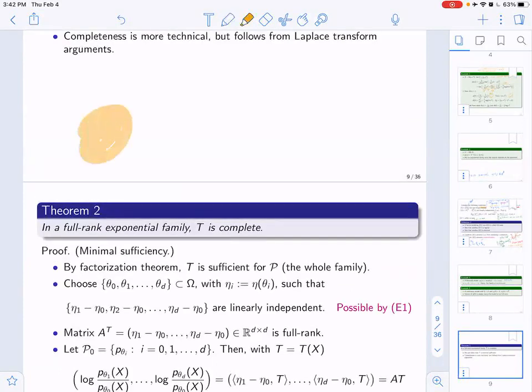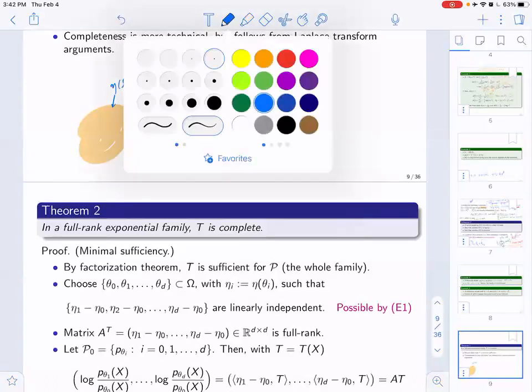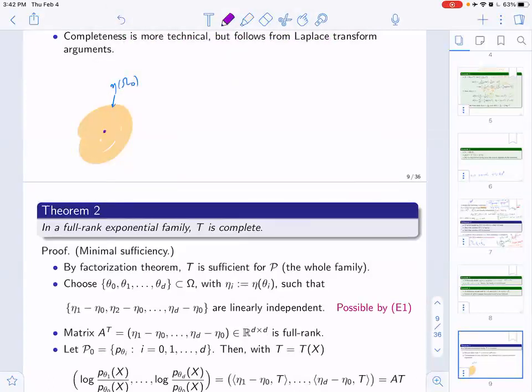So I have a set which is full dimensional essentially, so this is eta of omega naught, and by assumption the interior is non-empty, so I can pick one point in the interior. And then there is a little ball around it that's entirely inside the set. And because the ball is full dimensional, I can embed an entire full dimensional coordinate system.